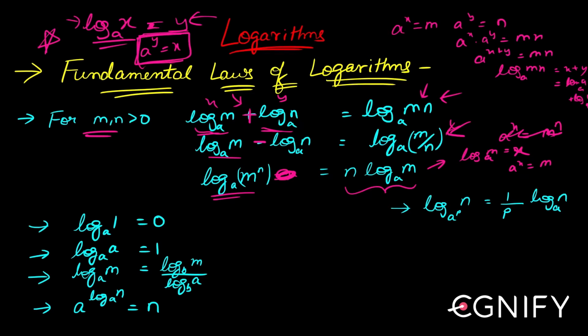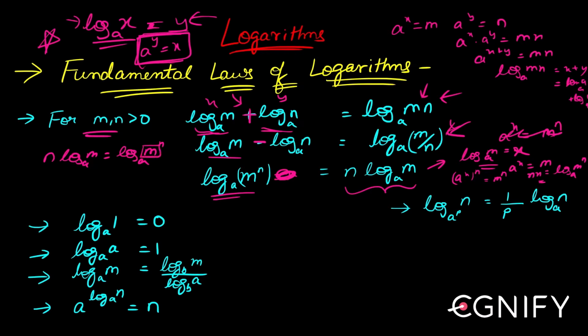And with this, you can also raise it to the power n. So a power x whole power n is equal to m power n, right? So if you write this in terms of logarithms now, it will be something like nx equals log m power n base a, and x is my log m base a, so I can write n into log m base a is equal to log m power n base a.